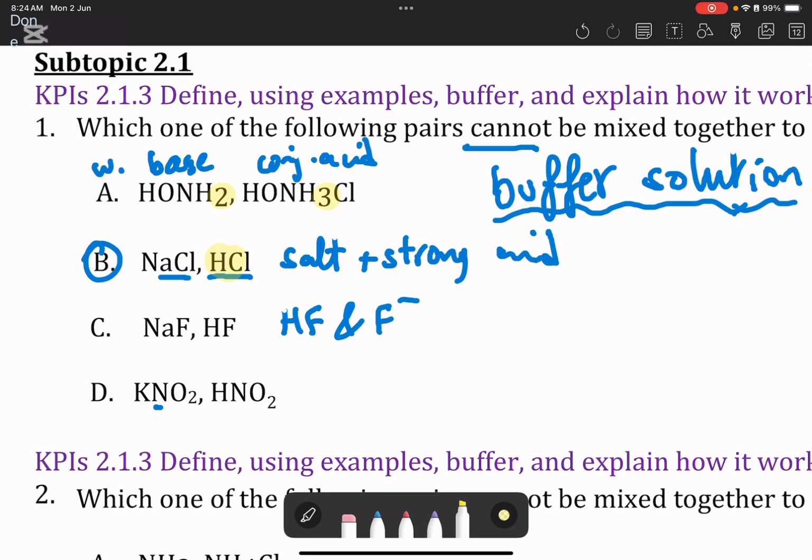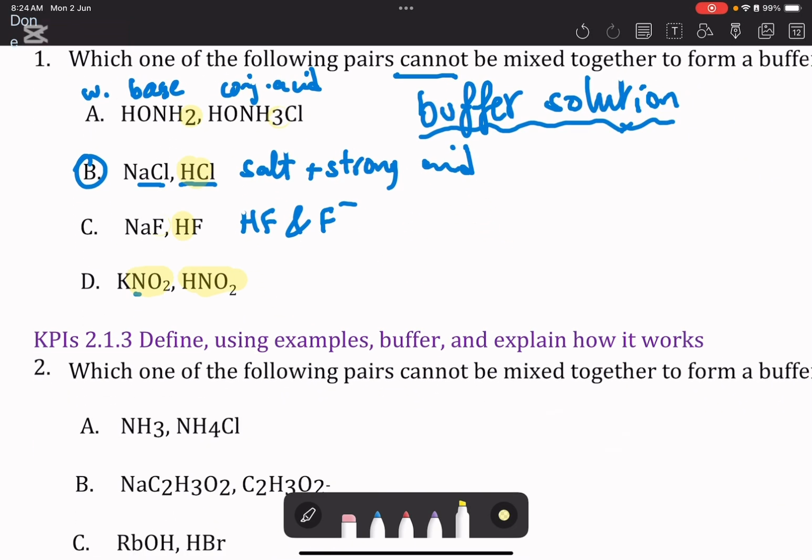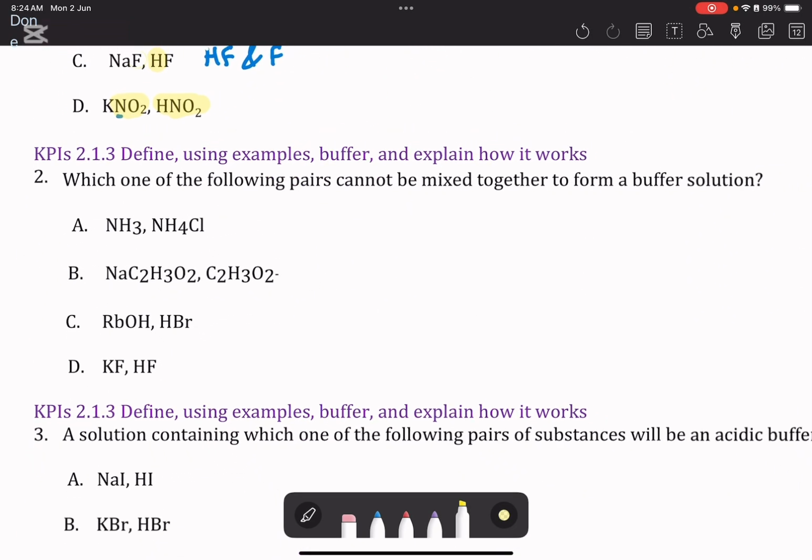That's not a way to form a buffer. Here I have a weak acid with HF. Here there's no hydrogen. Here there's no hydrogen. Here there's a hydrogen. So that's a good way in order to know whether the compounds given to you are conjugates or not. Let's move on to a different question.